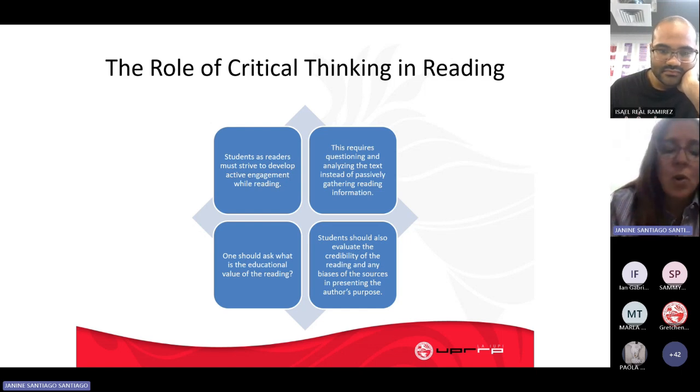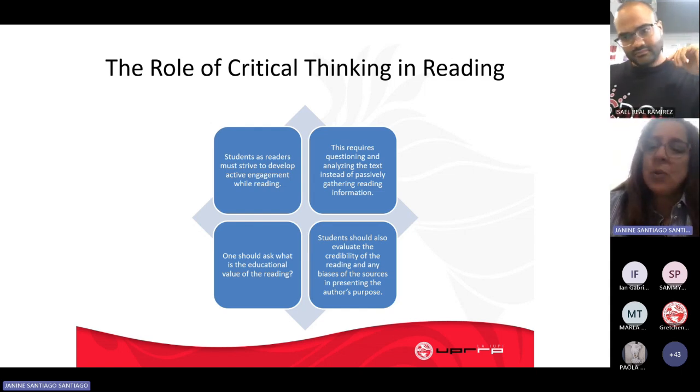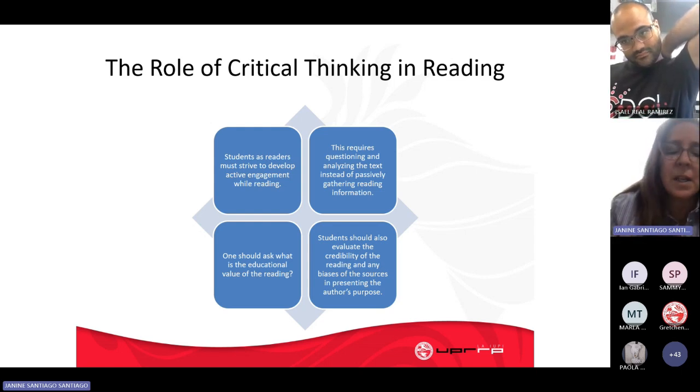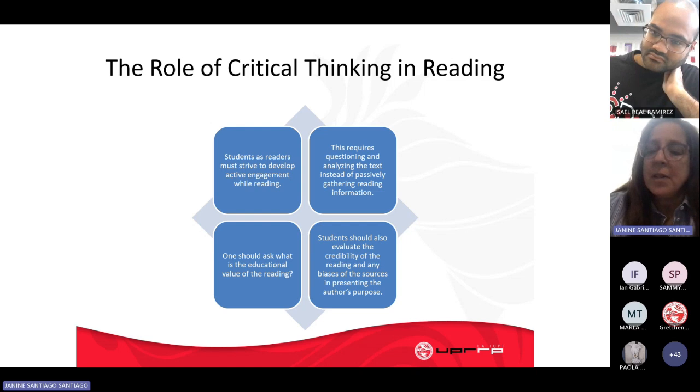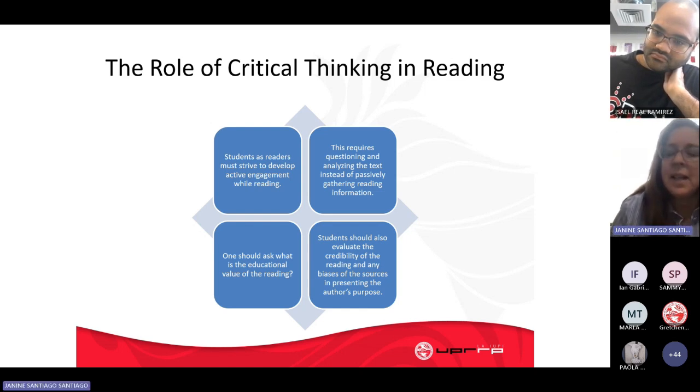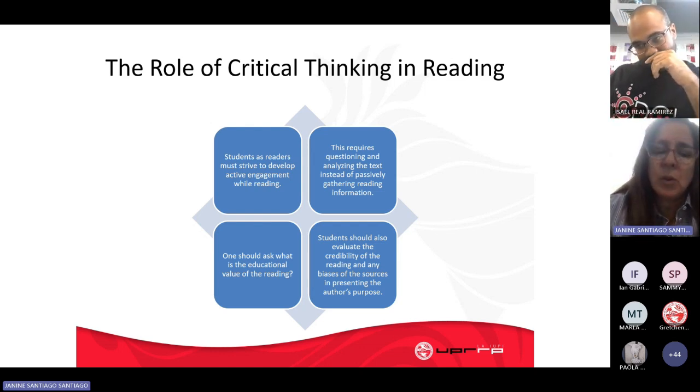So students should also evaluate the credibility of sources and the biases. And I want you to understand that here the term biases of the sources in presenting the author's purpose refers to the type of prejudice that those authors might have in presenting the arguments. So that also is a high level skill, okay? That I would like to strive for students to move into that level.